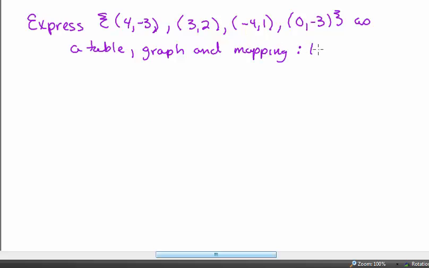And we're going to identify domain and range. Okay, so just the same thing as we just did.